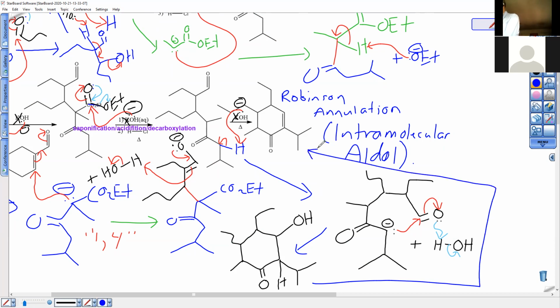Using base that we've been using all along, hydroxide. It got made right here again. It's been a catalyst all along. Grab the alpha H, sigma becomes pi, leaving group leaves, and there we have it.